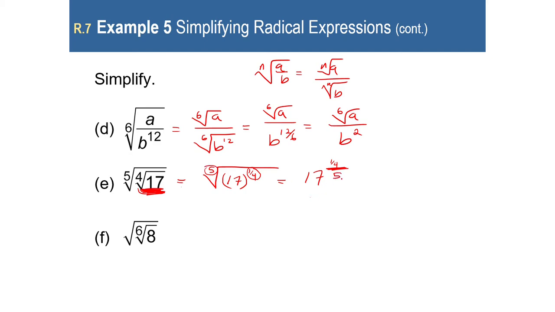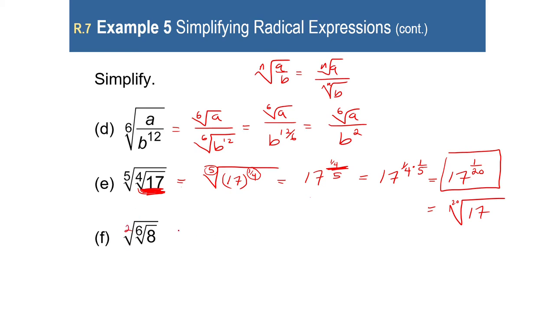So this is 17 raised to the 1/4 divided by 5, which is equivalent to 17 raised to the 1/4 times the reciprocal, and I can simplify this to 17 raised to the 1 over 20th power. That's a good solution for part E. You could rewrite this as 17 raised to the 1 over 20, or if you want it as a radical, this is equivalent to the 20th root of 17.